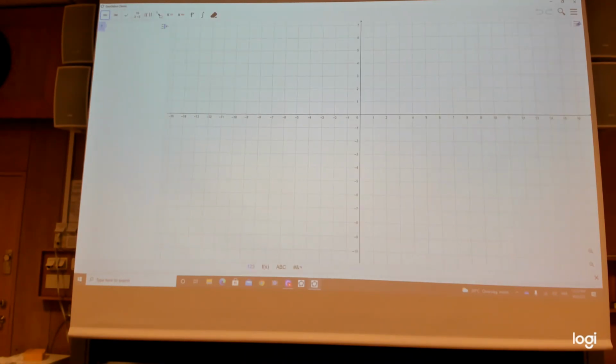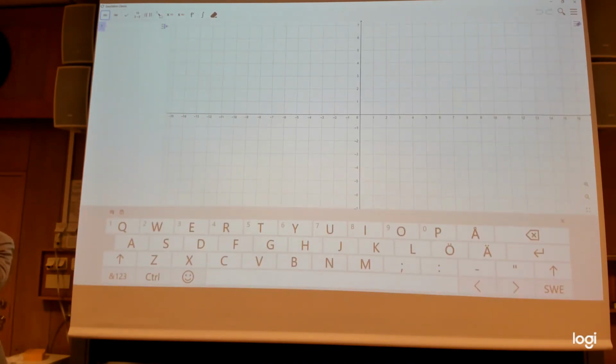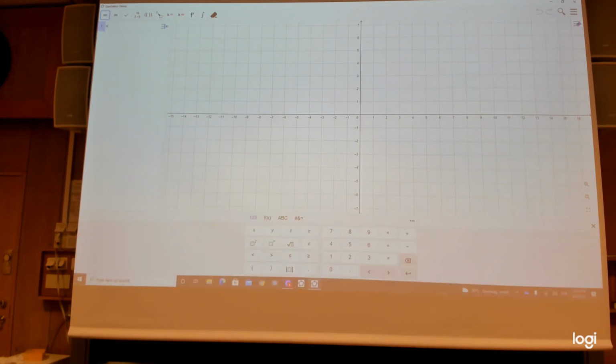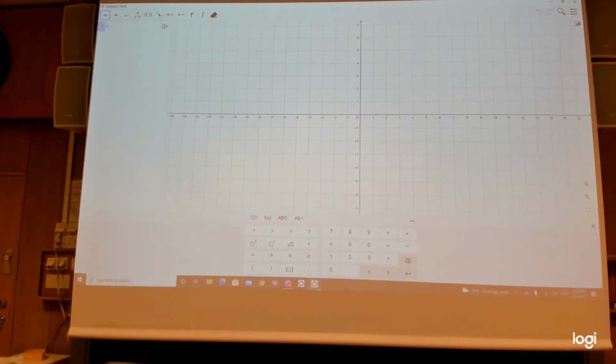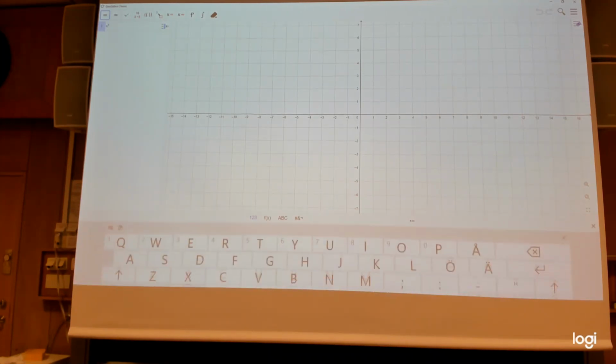And I want to make this, yes, good. Okay, so if I want to type something here, I want you to read that one for me. What was that? It was x to the power of 5. So let me write x to the power of 5.